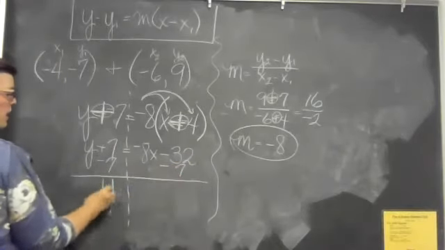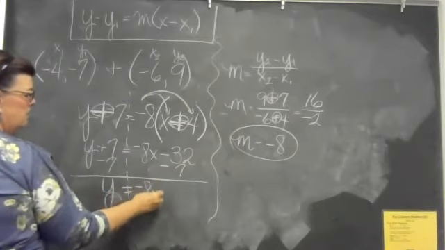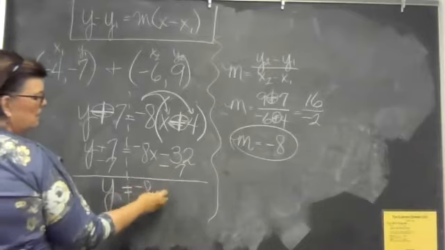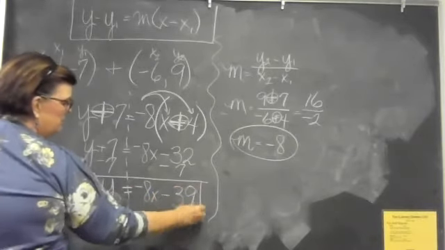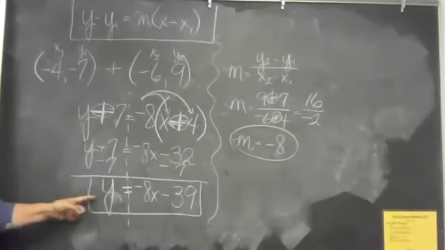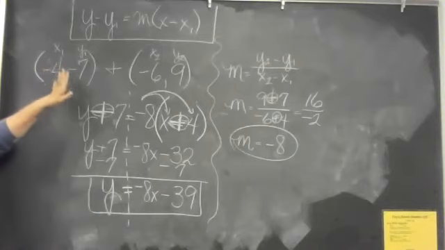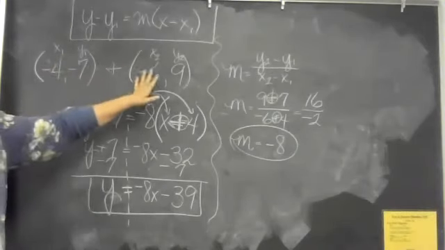So now I have y equals -8x minus 39. This is the equation of a line that if you plotted these points, it would go through these points.